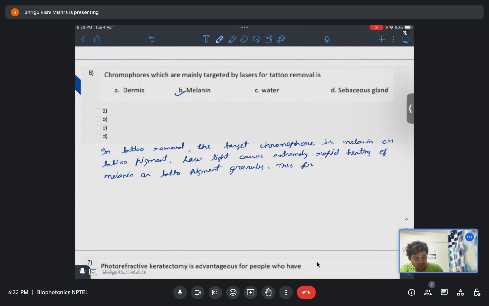This fractures these submicron particles and kills the cells that contain them, and in this way the tattoo is removed. So this is a simple process by which tattoo removal occurs, but it has to be very precise, so that it should be melanin that is targeted, not any other layer.